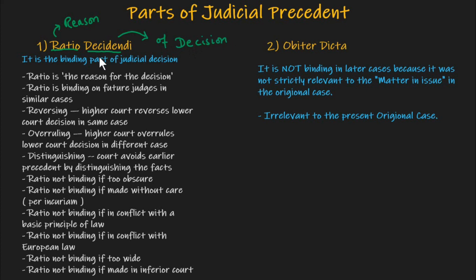So ratio decidendi means the reason of decision. Why did the court actually decide something? What was the reason? So this part of a judicial precedent tells us the reason behind the decision which was made by the court in any specific case or situation.